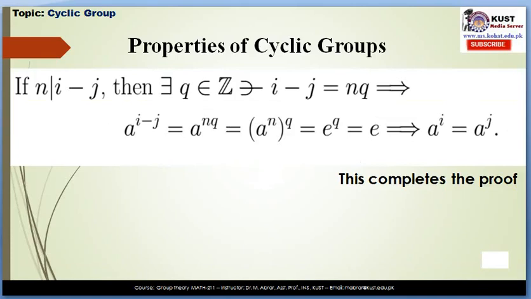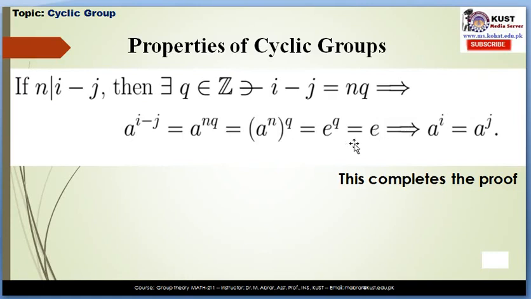So according to division of integers, we can say that n divides i minus j. On the other hand, if we assume that n divides i minus j, the difference of these two, then by definition of division there would be some integer q such that i minus j is nothing but nq. So replace this i minus j by nq, and we can write a^(nq), and finally it's e.